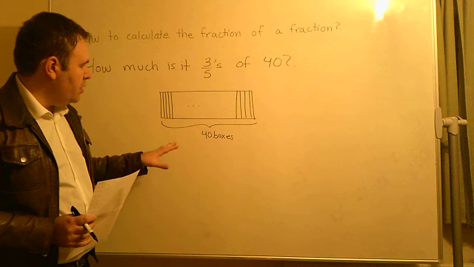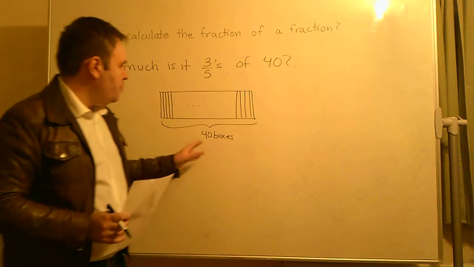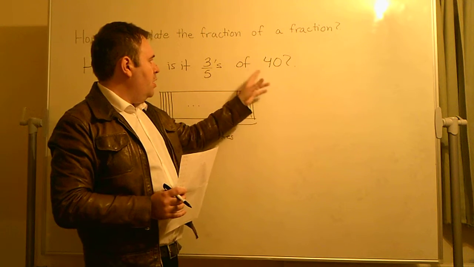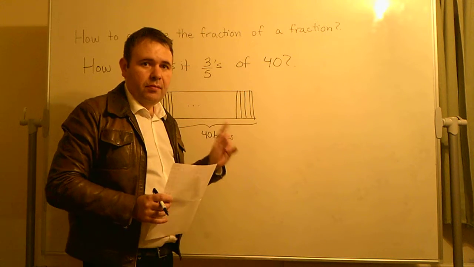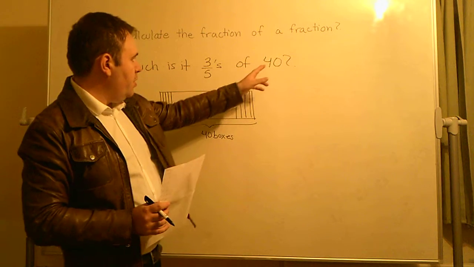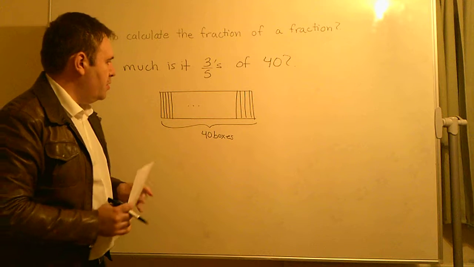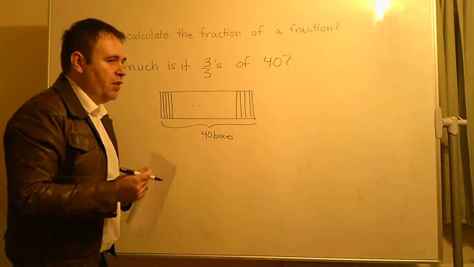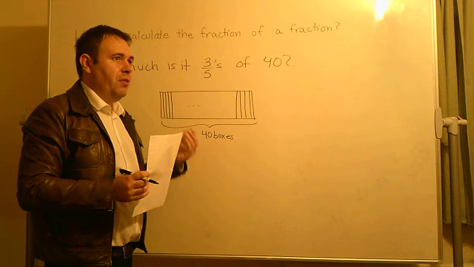So if we want to calculate how much is 3/5 of 40 boxes, what we have to do is we need to divide these 40 boxes into 5 sets, yeah? So we divide 40 into 5 sets. So how many boxes would be in each set? 40 divided by 5 is 8.